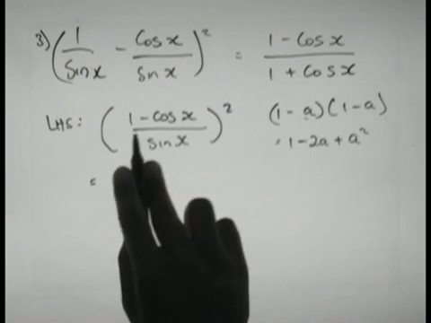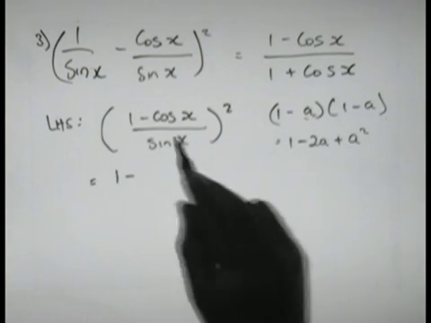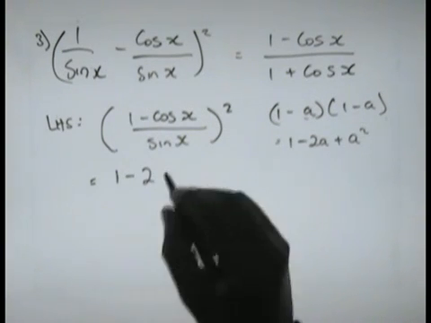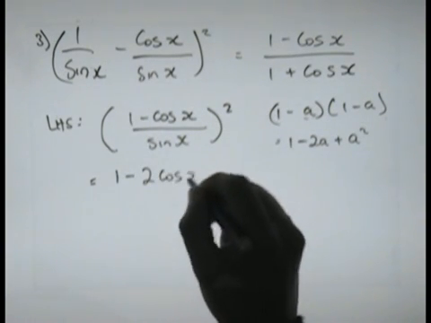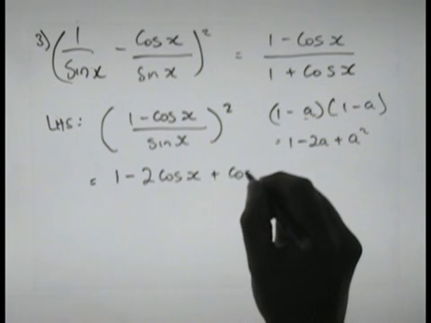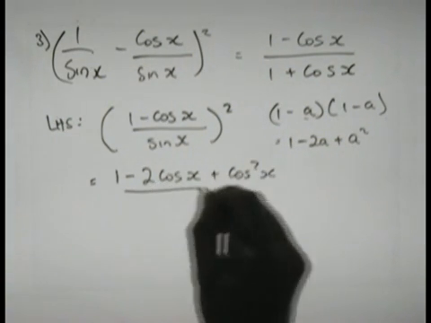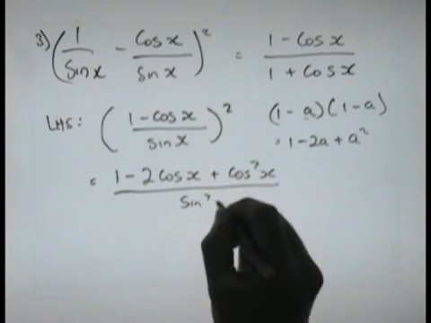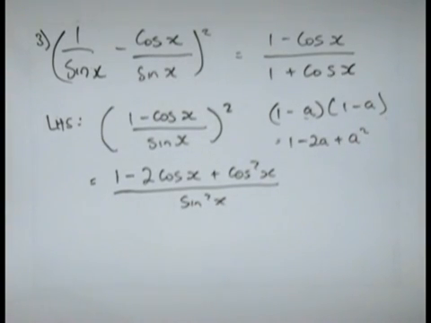Using that same concept, we apply it here, except instead of a, we have cos x. So that's going to become (1 minus 2 cos x plus cos squared x) over sine squared x.